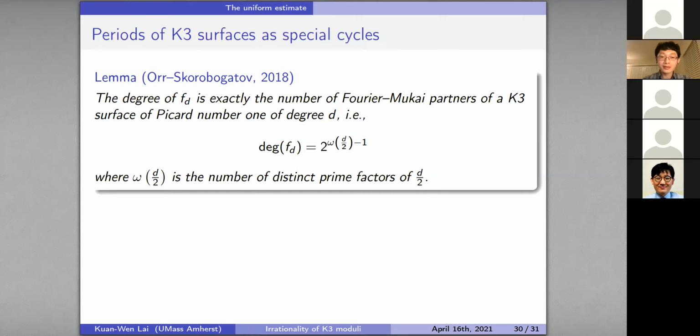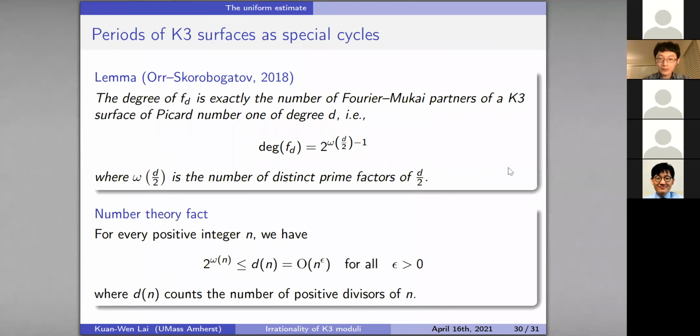This lemma was proved by Orr and Skorobogatov in 2018, and actually the construction of realizing the period of K3 surfaces as special cycles is motivated by their paper. Many constructions there motivate our construction, although their paper talks about things in the context of Shimura varieties, but here we don't need that.